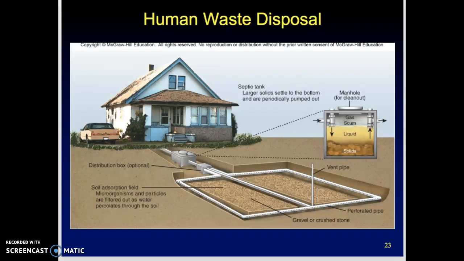E. coli and different coliform bacteria, viruses, pathogens, it's coming from us. So we want to make sure we have properly designed waste disposal systems for human waste to minimize potential exposure to human pathogens. All right, so we'll wrap that up in the last lecture.